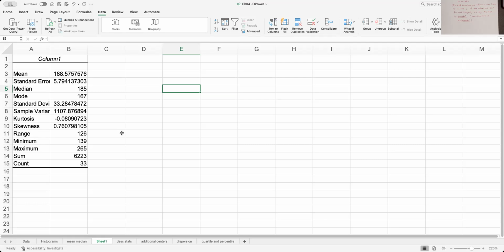The mean cares. The mean moves closer to those extremes. So if I had data that had a bunch of really low values way out there and most of them were up here, then I would expect my mean to be slowed down a little, but my median wouldn't move. So I would expect my mean to be lower than my median. On the other hand, if it was skewed to the right, I would expect my mean to be higher than my median because it gets pulled in the direction of those extremes.